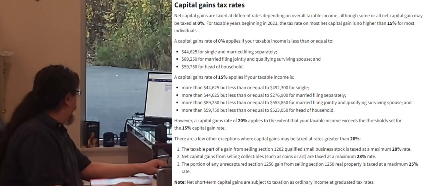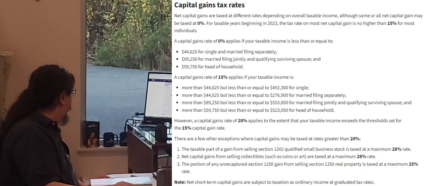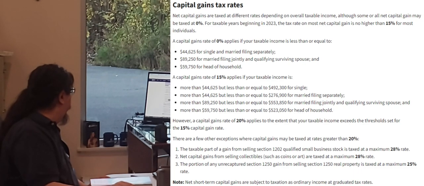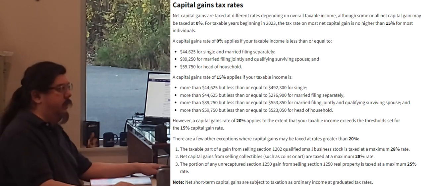Their taxable income is about $50,000. The capital gain tax rate for married filing jointly is 15% if their taxable income is above $89,250. Below that, their capital gain tax rate is 0.